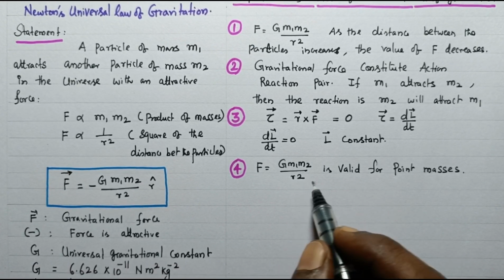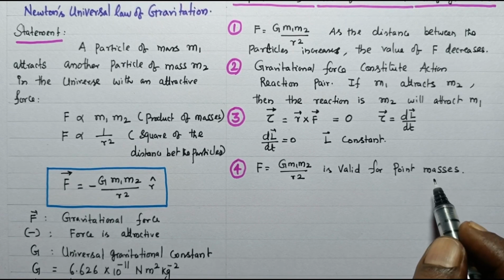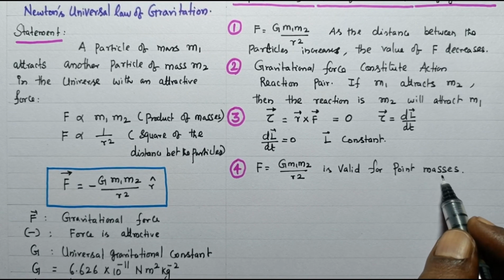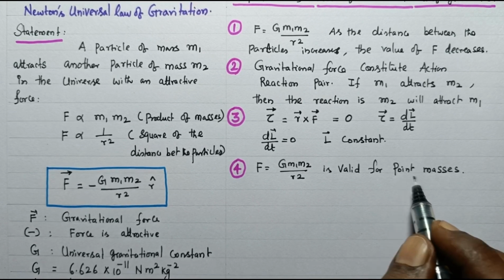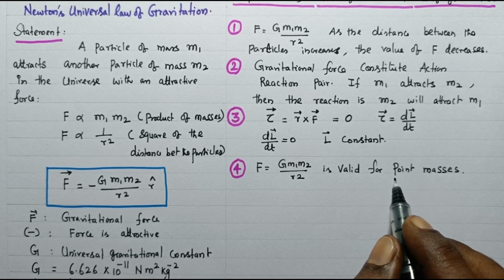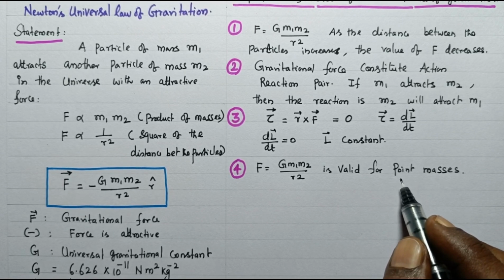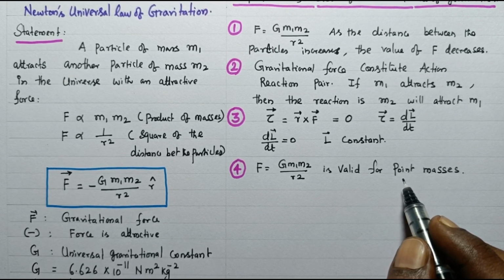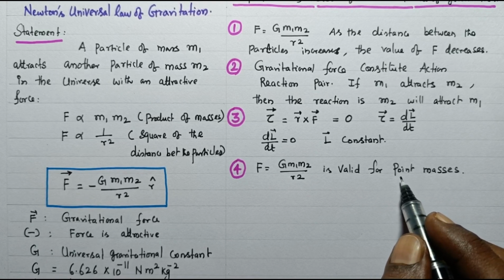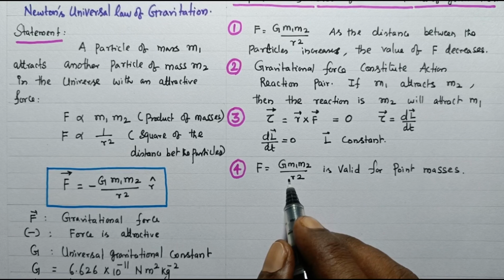Point masses means the masses which are concentrated at a point. We know what is meant by point. Its size is very small. The radius of the point is 0. That is called a point. So this expression is valid for such point masses.